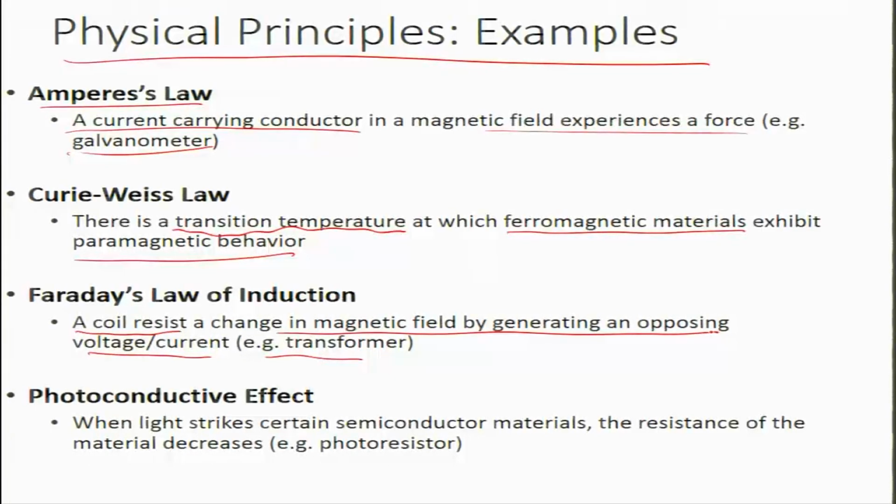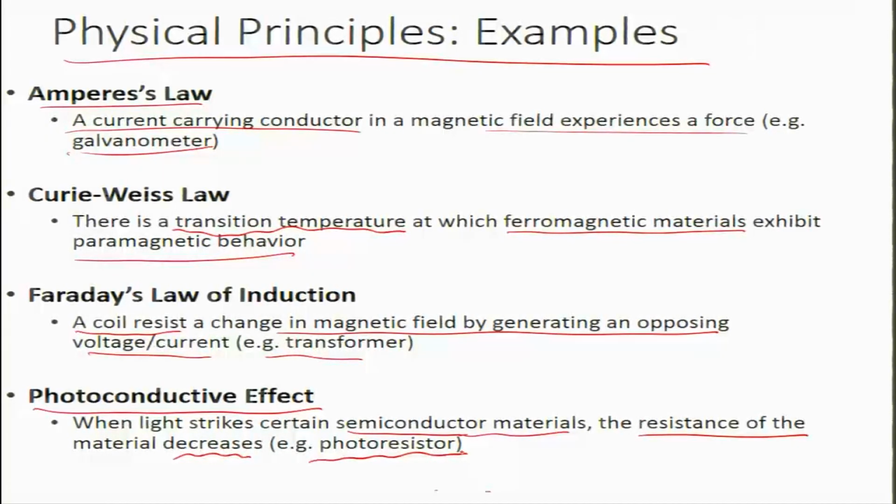We could also talk about the physical principles behind the photoconductive effect, which is quite commonly used to underlie some of the sensor and actuator principles. In this particular effect, light strikes a semiconductor material surface, which changes the resistance of the material, typically decreasing it, for example in the case of a photoresistor.